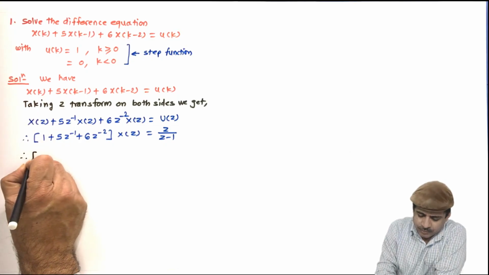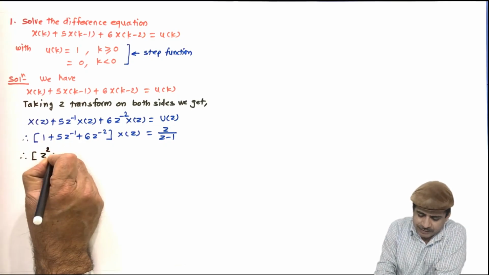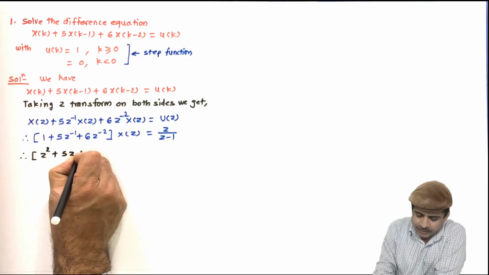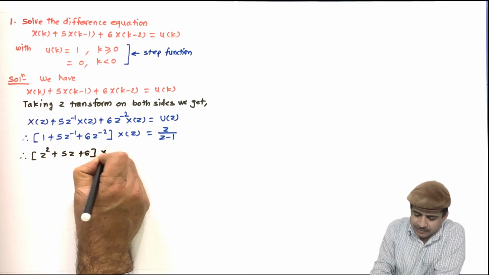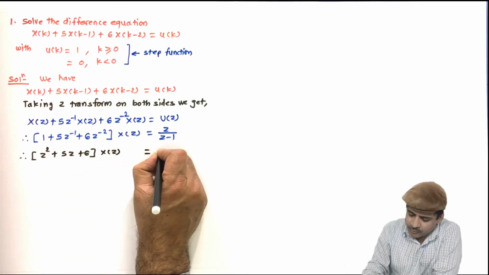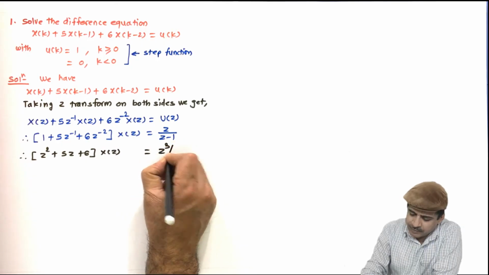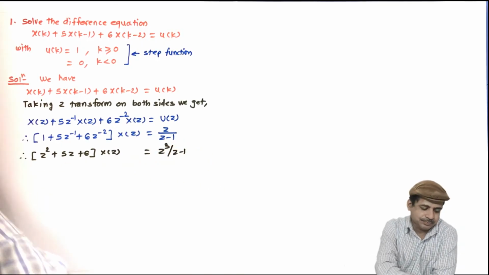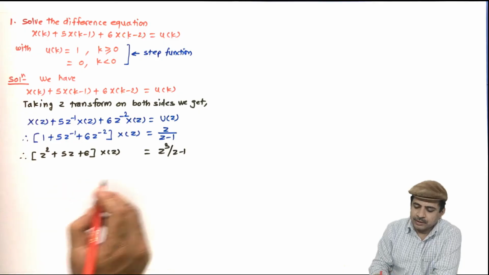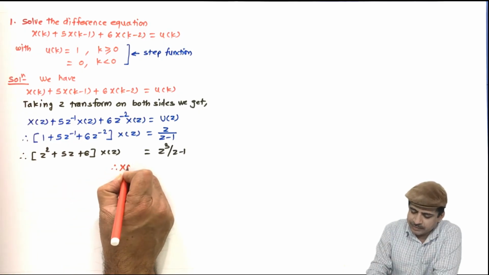So z square plus 5z plus 6 into x of z is equal to z cube divided by z minus 1, and this gives me x of z.